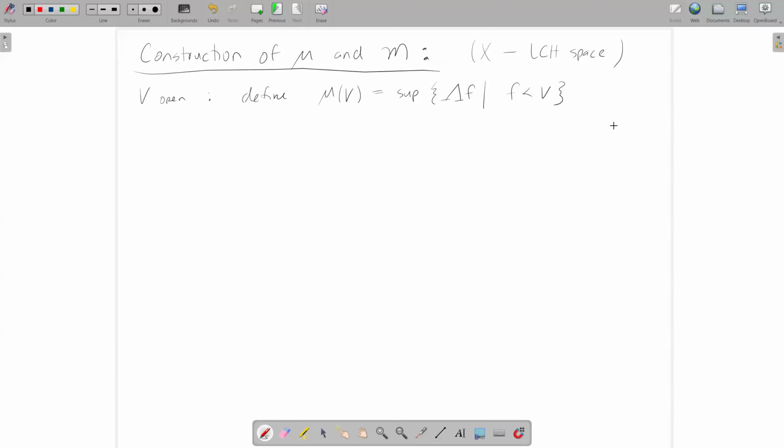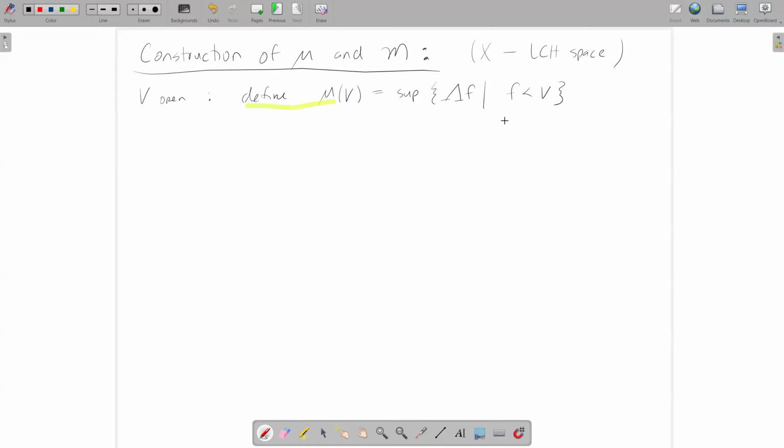Anyway, we are defining mu on open sets. Initially, that's what we're doing. You've got to keep track of all this because it gets slightly convoluted. Note that if V1 is contained in V2, then the measure of V1 is less than or equal to the measure of V2.